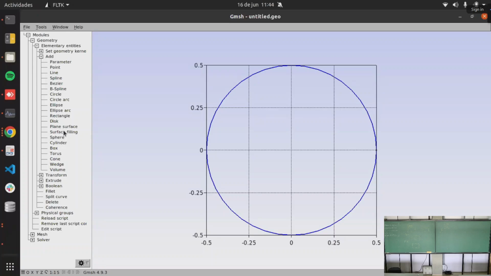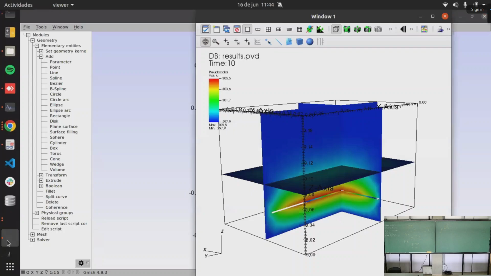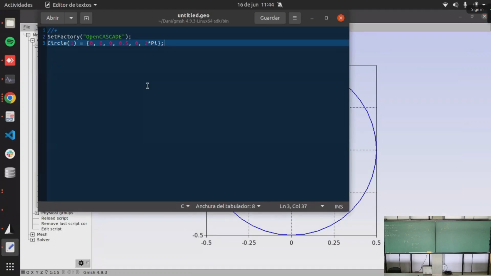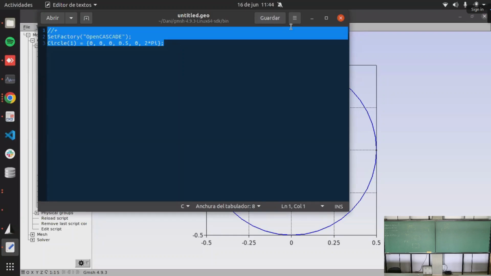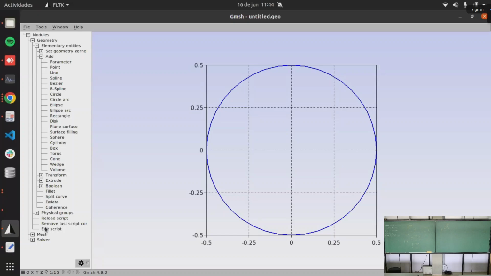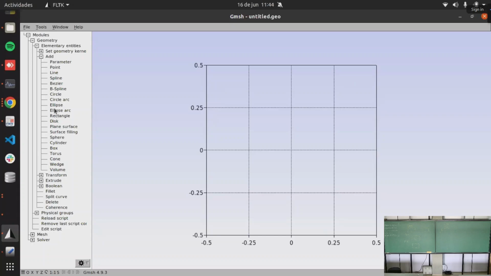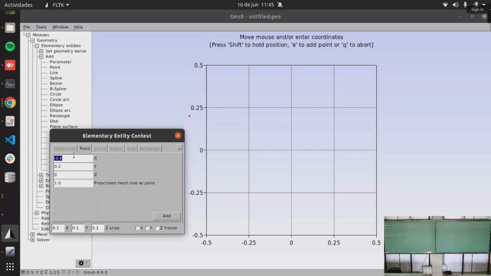Changing the script will change our visualization. And I would like to make a box with an interior box that will be extracted. I don't know the verb, but we will try, starting by adding points like this.